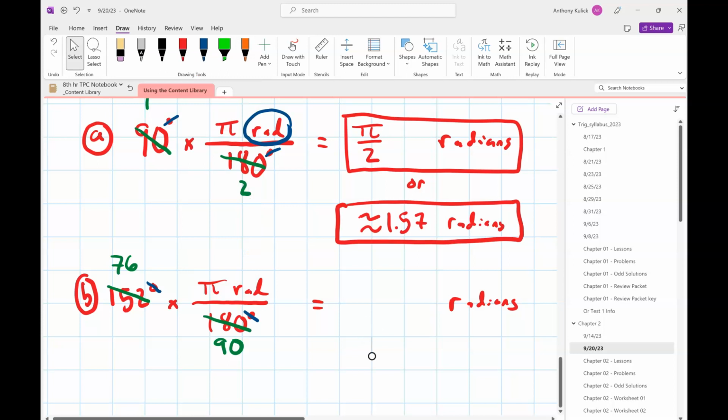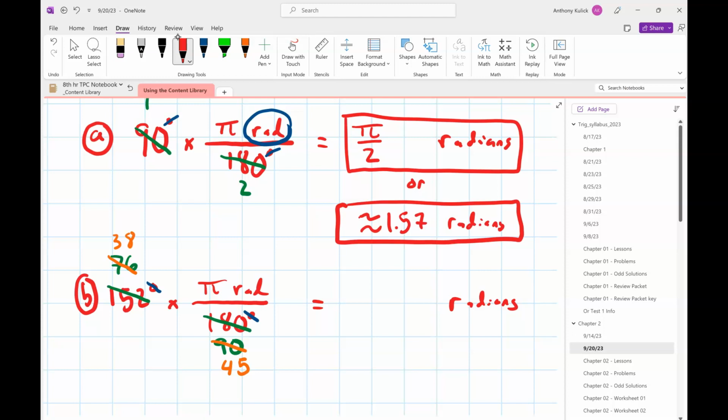2 again. How can you tell that 2 works again? They're both even. So that's going to be 38 and then 45. Do we see a common divisor between 38 and 45? The only prime divisors of 45 are 3 and 5.